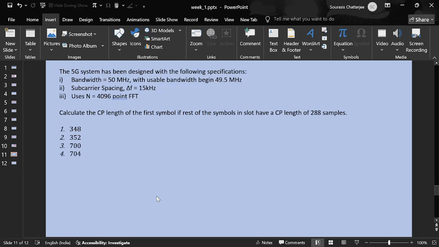Okay, just a minute. So this is 15 kilohertz of subcarrier spacing, right? So one slot duration is 1 millisecond.